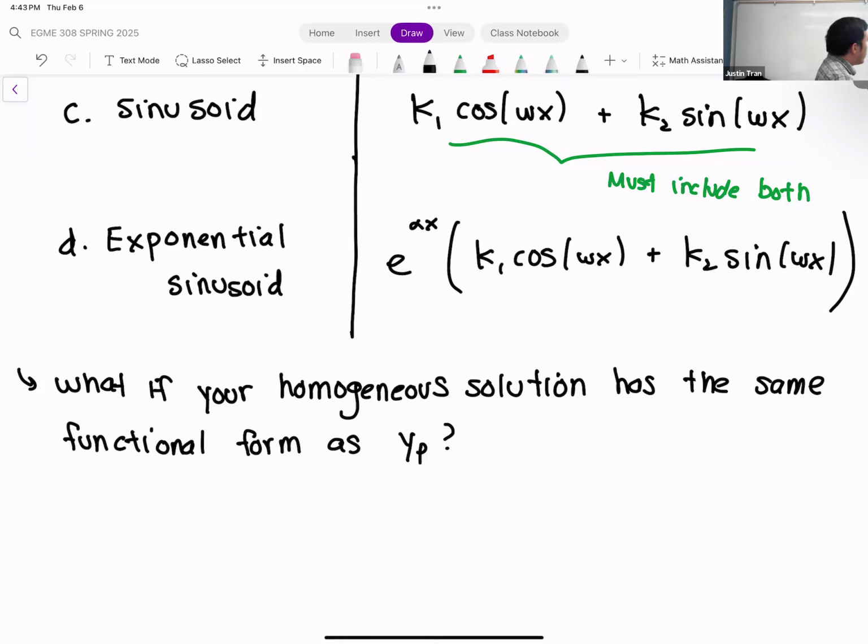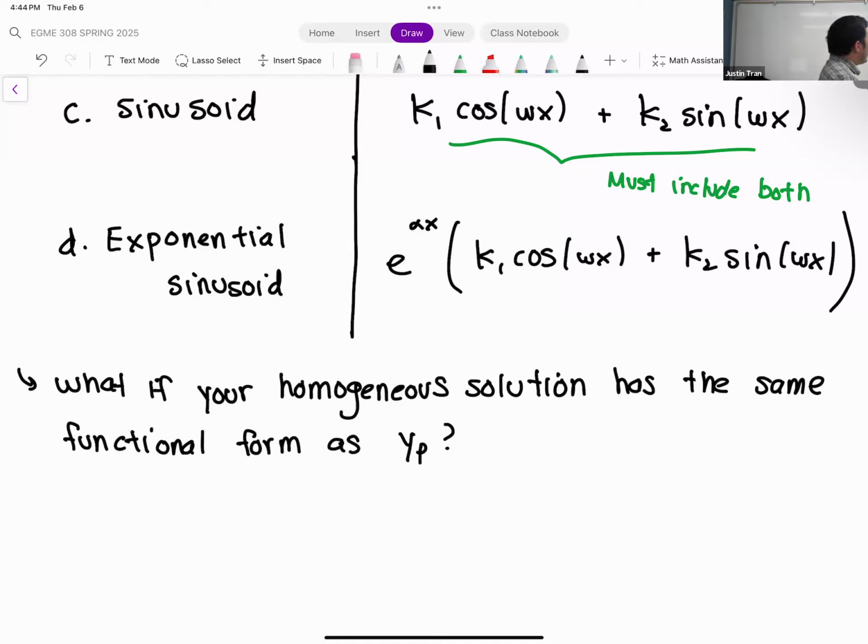Let's say your functional form is an exponential that has the same exponent as your guess for YP, or maybe it's a sinusoid. Maybe you have a vibrating or oscillating solution, and the frequency of your homogeneous solution matches exactly with the non-homogeneous term.